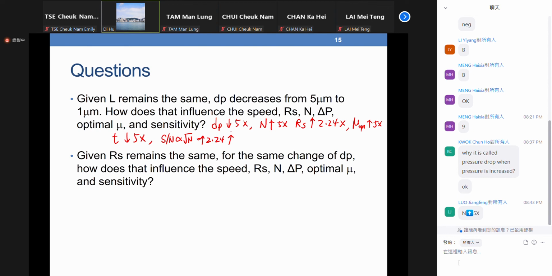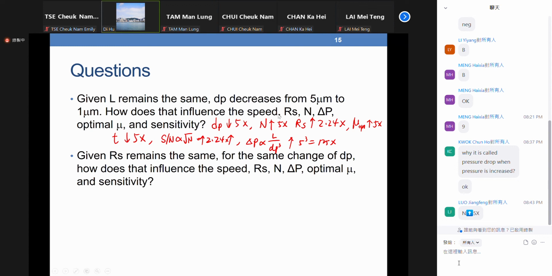And how about delta P, the pressure drop, dP? It will increase by 5 times, right?